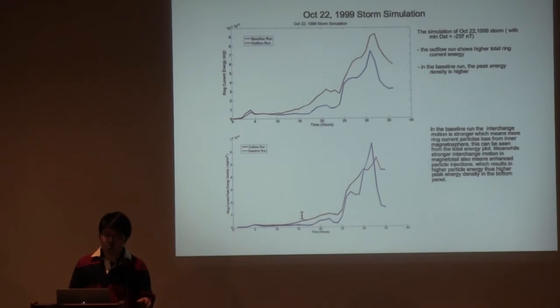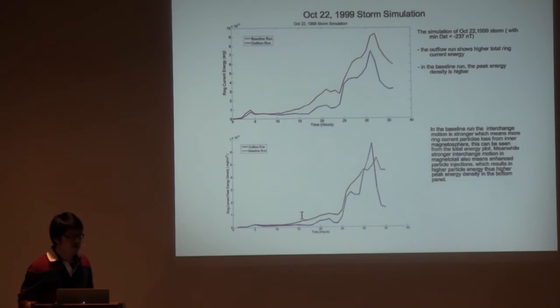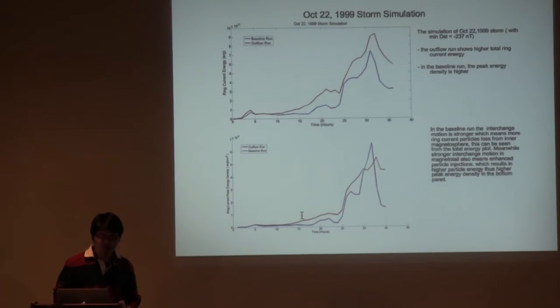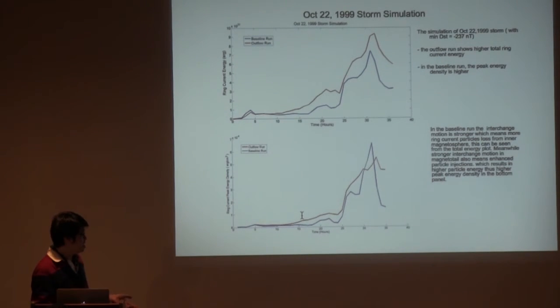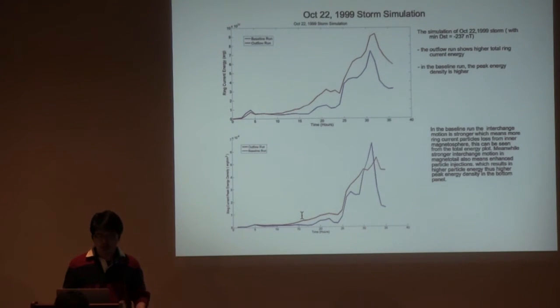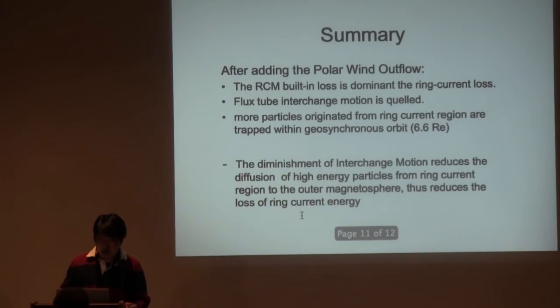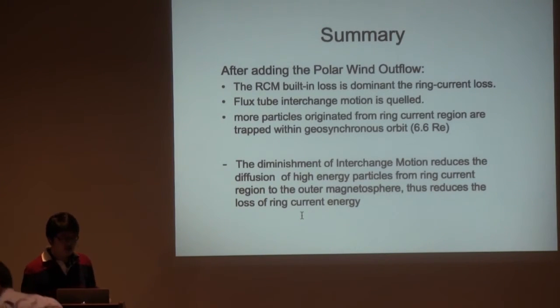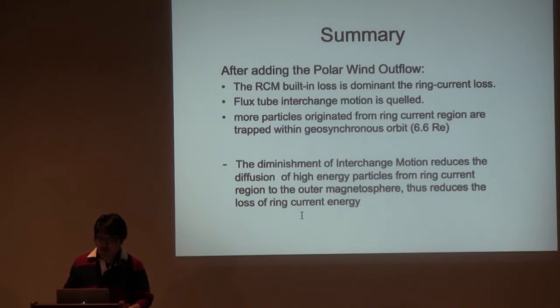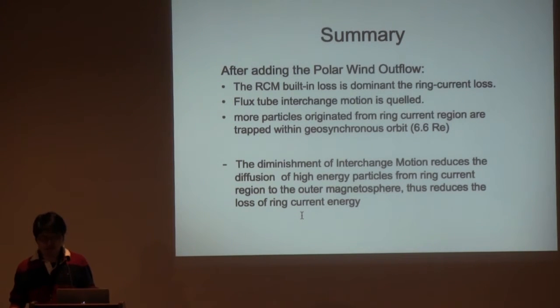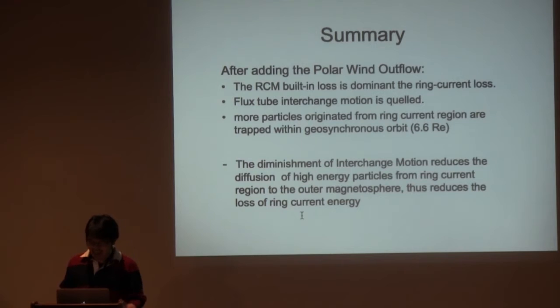But these particles may diffuse out very fast. So that explains why the peak energy density is higher, but the total energy is lower. Okay. So this is basically a summary. As I mentioned before, I'd better wait for the multi-fluid version. Okay, thank you.